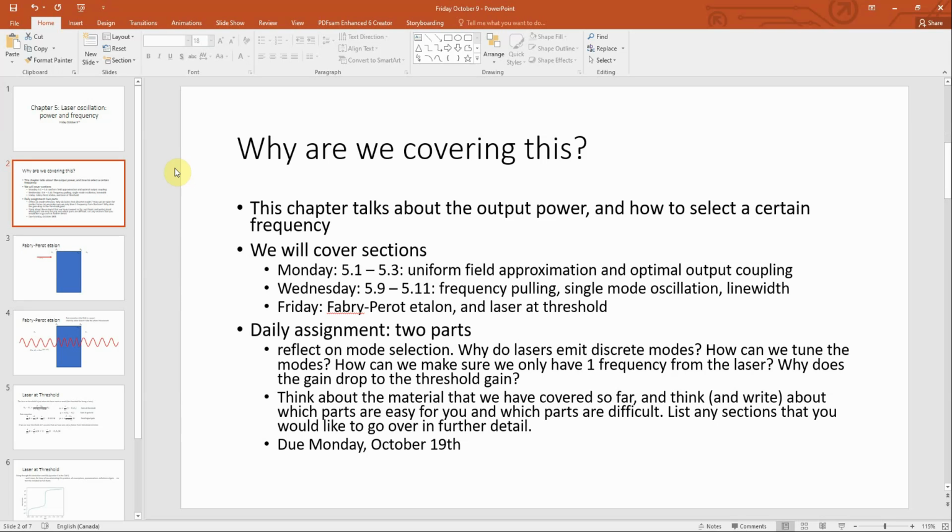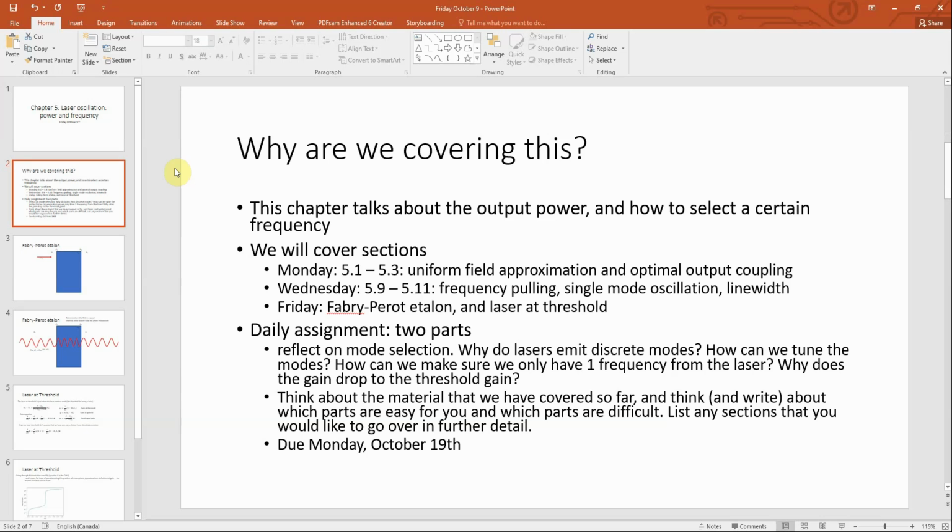We said that this is the case if there's not too much gain caused by the gain medium, and we don't have too much losses caused by the mirrors. From this, we could optimize the output coupling and show that when the losses equal the output coupling transmission coefficient, we get the optimum output power.